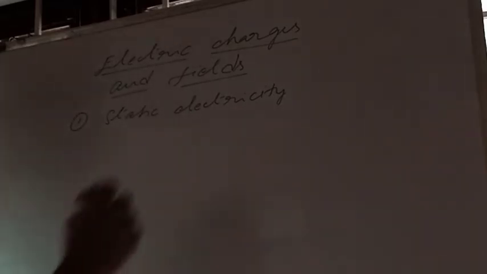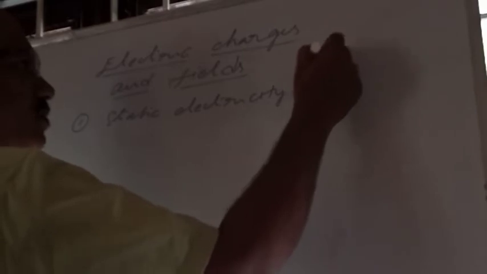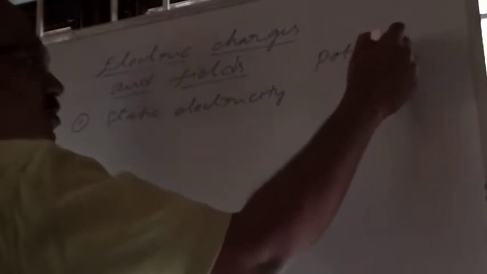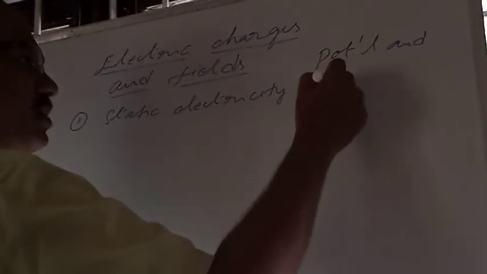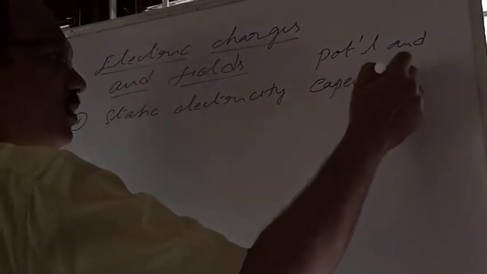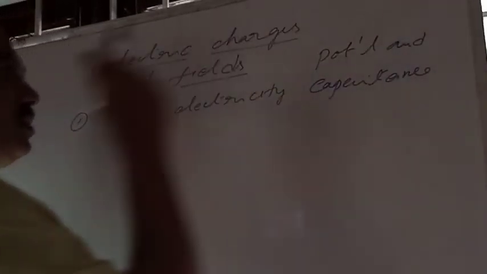The first one is electric charges and fields, which we are going to discuss today. And the second one is potential and capacitance.